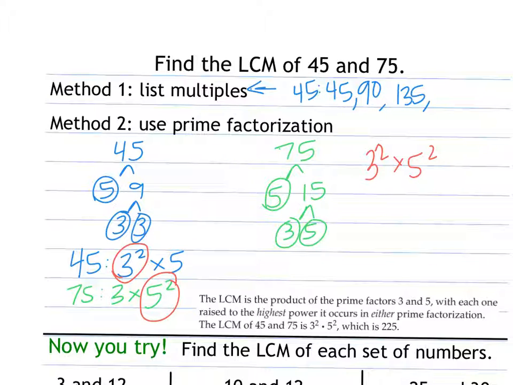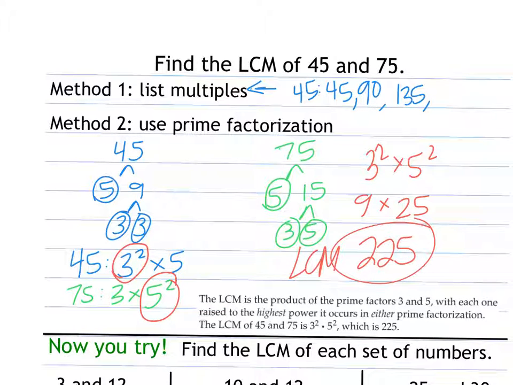Well, 3 squared is 9, 3 times 3. 5 squared is 25, 5 times 5. And then 9 times 25. If you think about quarters, it would equal 225. So that would be your least common multiple for 45 and 75. And it talks about how we solve it down here.